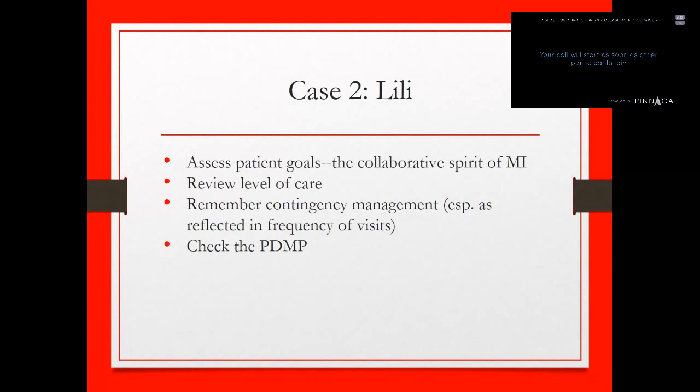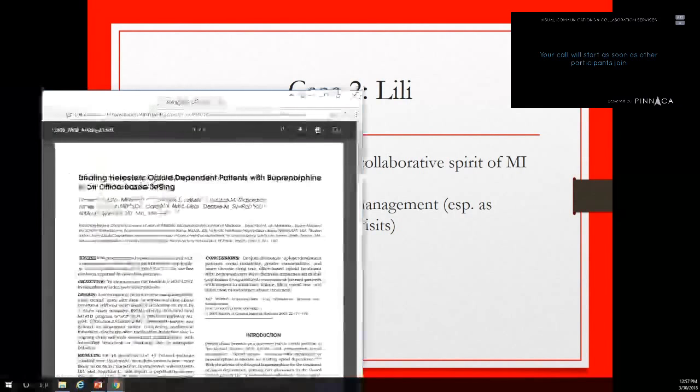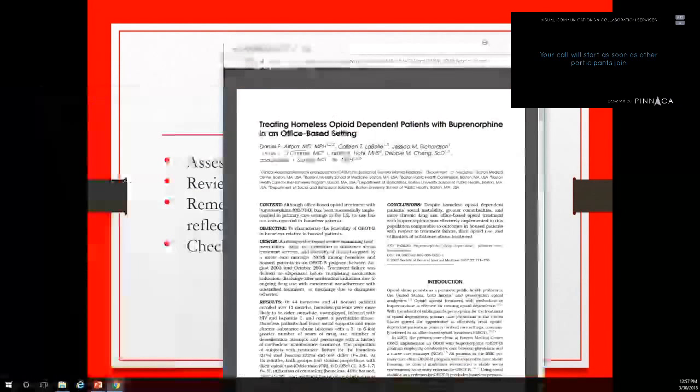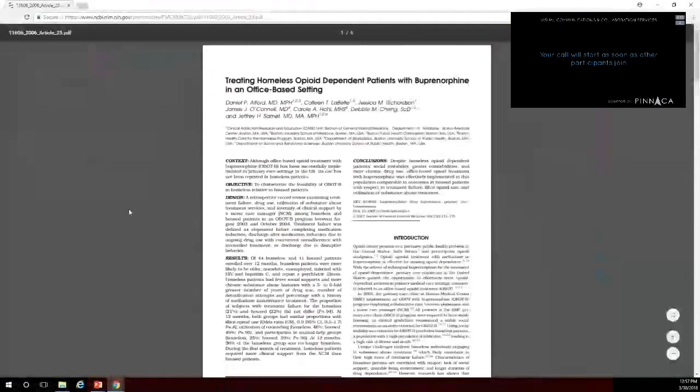So we just have 3 minutes remaining in our hour. So rather than talk about the third case I had prepared, I think I will see if anyone has any other questions. Also, Tyler was kind enough to share this article by Dr. Alford, at Boston Medical Center, about treating homeless opioid dependent patients with buprenorphine in an office-based setting.